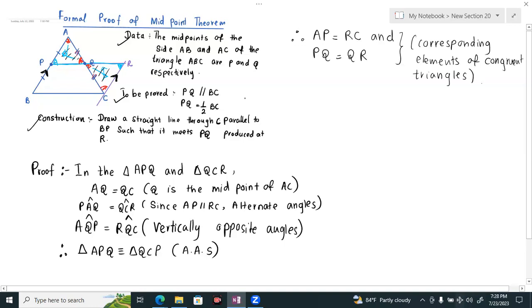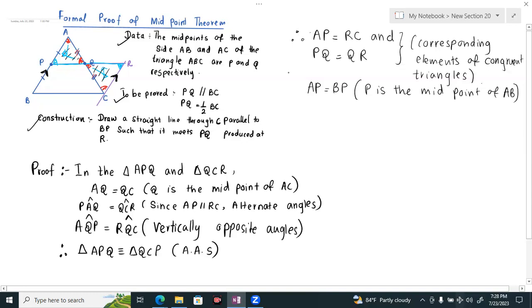Then AP is equal to BP also. Reason? It is because P is the midpoint of the straight line segment AB.